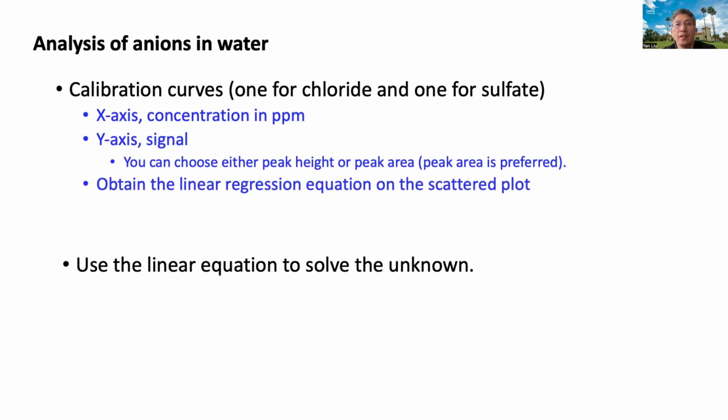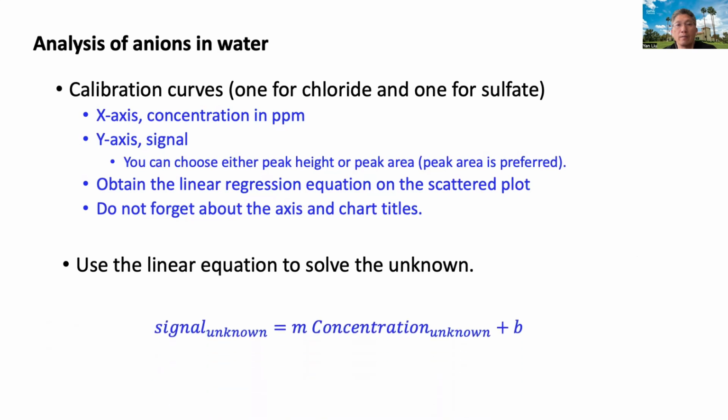Obtain the linear regression equation. Do not forget to format your figure. Lastly, substitute the signal from the unknown water sample, which might be tap water, fountain water, or other water sample you prepared, and determine the concentration of the unknown.